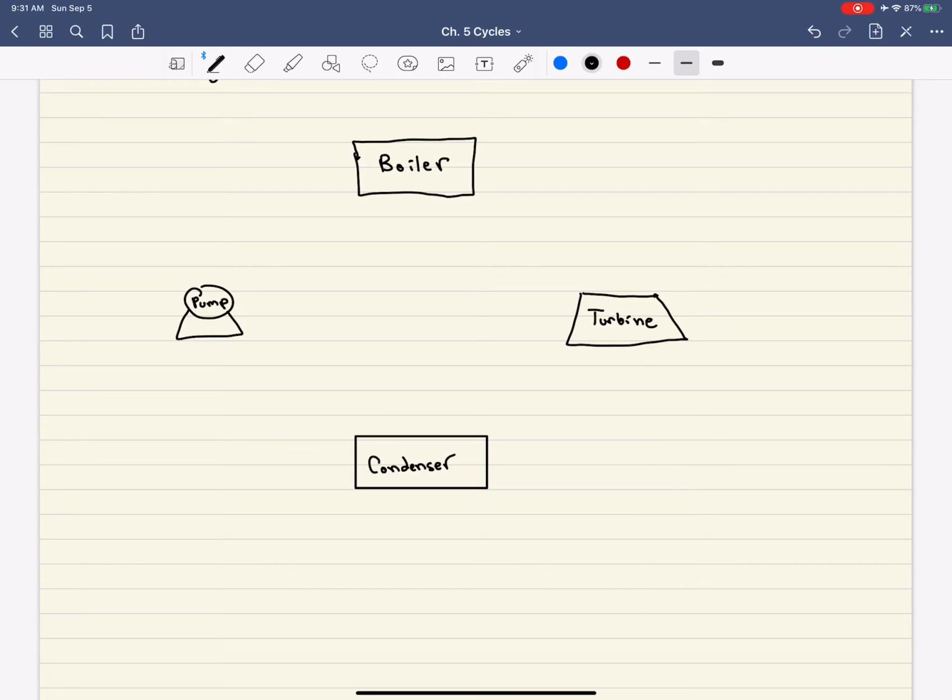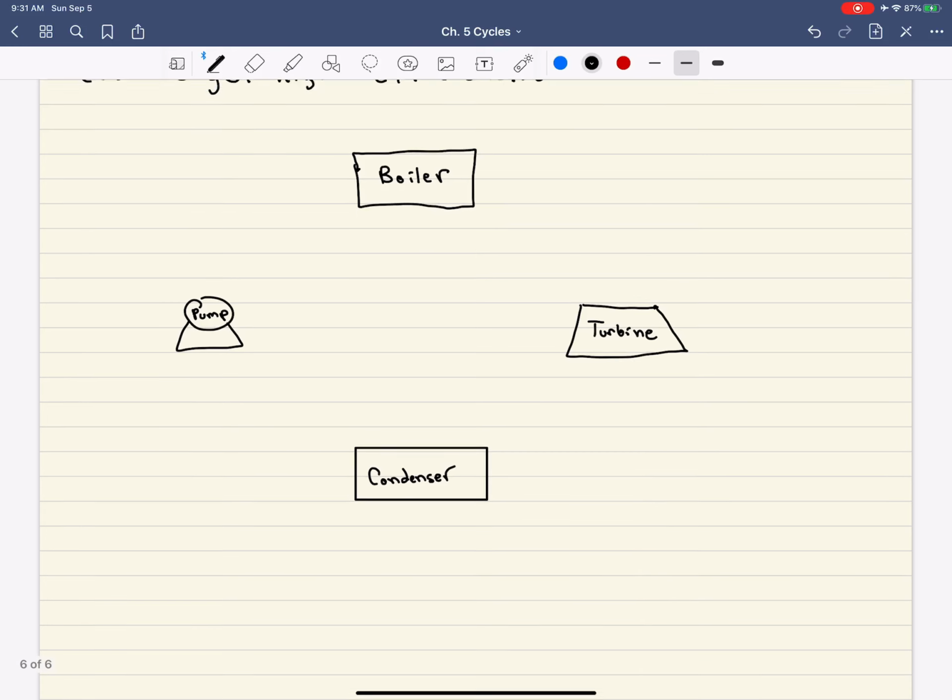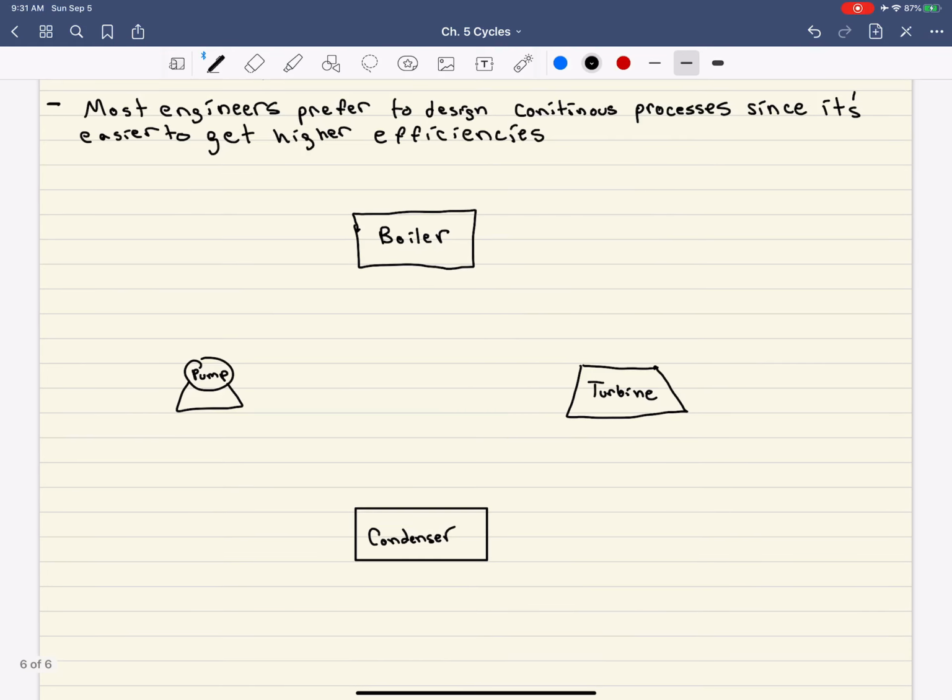With the Rankine cycle, there are 4 different unit operations, and there are also basically 4 different steps involved. In the Rankine cycle, we start with this first stream, where we're dealing with some sort of liquid at a high pressure.